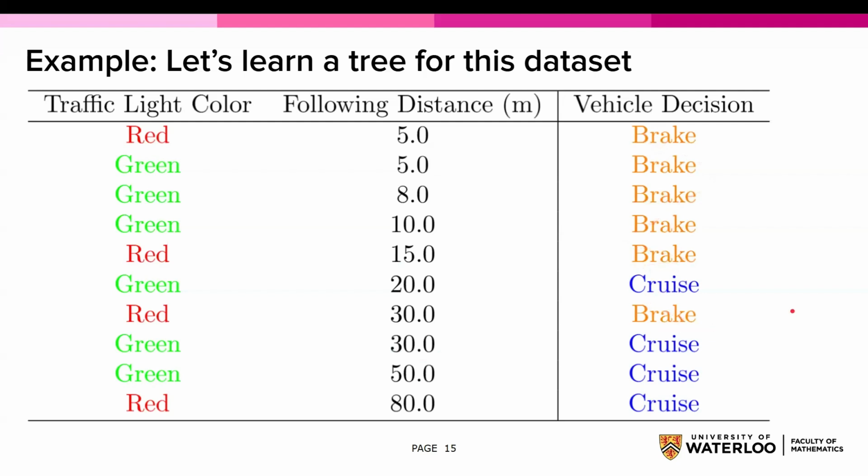I'd recommend pausing the video now and figuring out what that decision tree would look like. This would involve selecting a loss function, and then finding that first feature, as well as that first threshold on which to split in order to minimize the loss after the split.